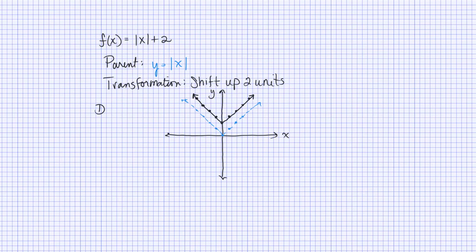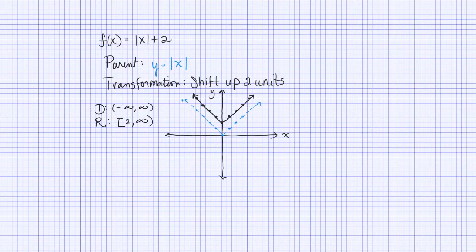The domain will be from negative infinity to positive infinity, and the range will be from positive 2 to infinity. And I didn't need to make a t-chart, right? I'm using the power of the pattern that I observed with respect to that kind of transformation.